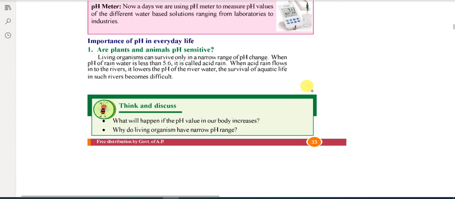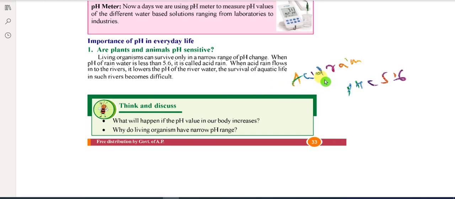The importance of pH is very important. pH in acid rain: we have a question. When pH is less than 5.6, the water has acidity, so survival of aquatic life in rivers becomes difficult.